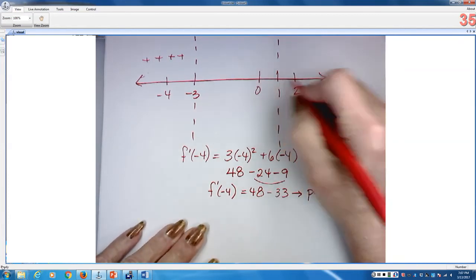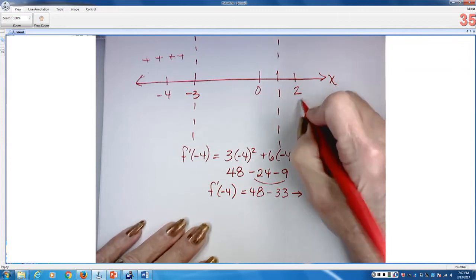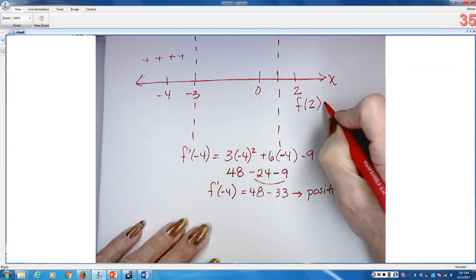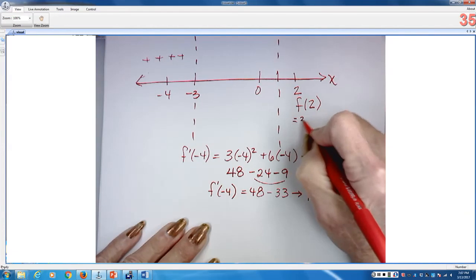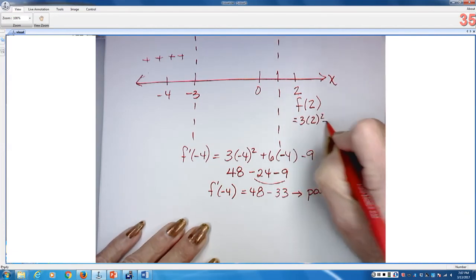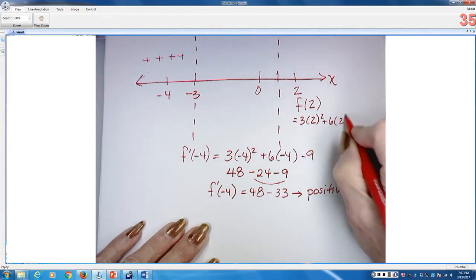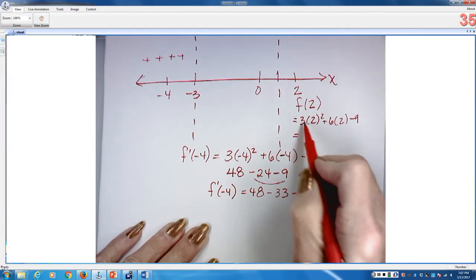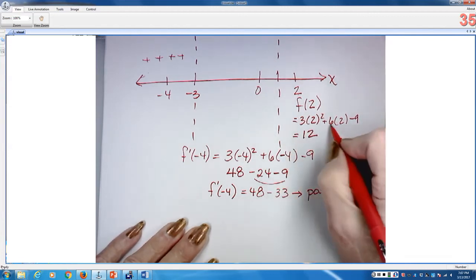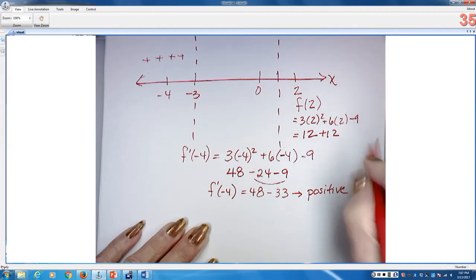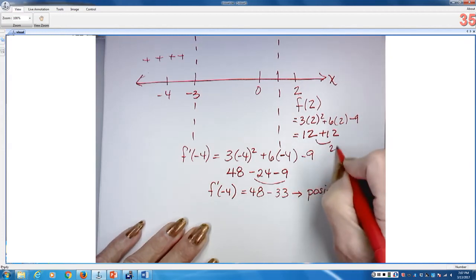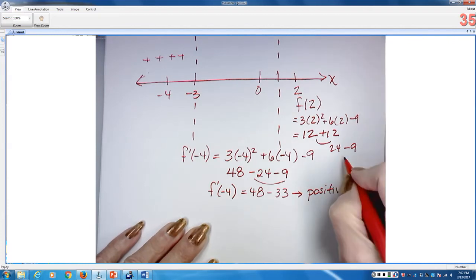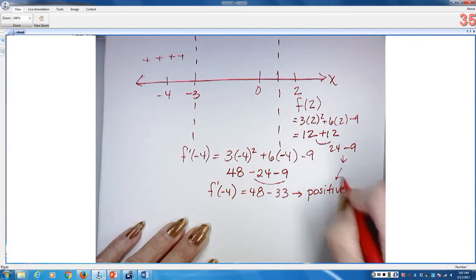And since this is bigger than 1, I can look and see what it's doing at 2. Two squared is 4, 3 times 4 is 12, 6 times 2 is 12, 12 plus 12 is 24, and I know 24 is bigger than 9, so I know that's positive.